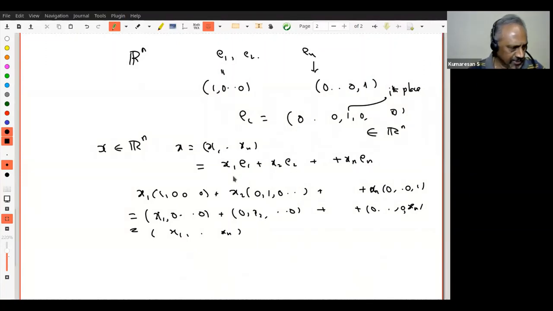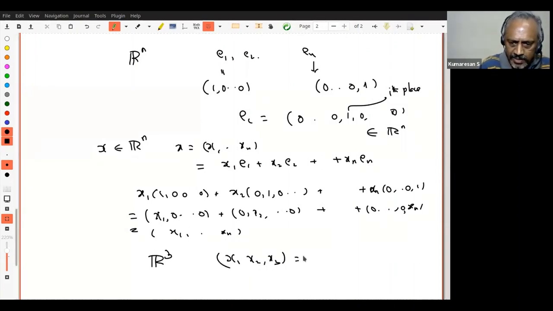I'm sure all of you have seen this. As I did in yesterday's class, in R3 usually you will write x1, x2, x3 instead of x, y, z. This you will write as x1 times i plus x2 times j plus x3 times k.